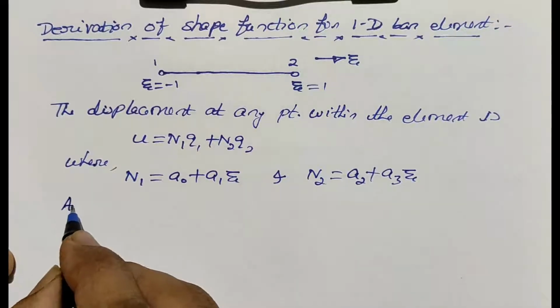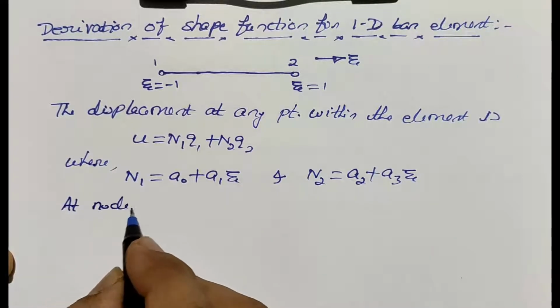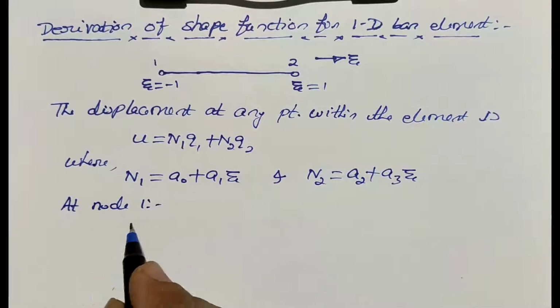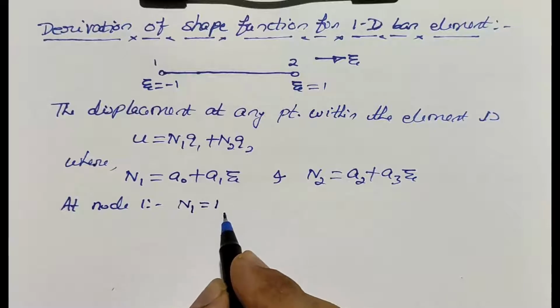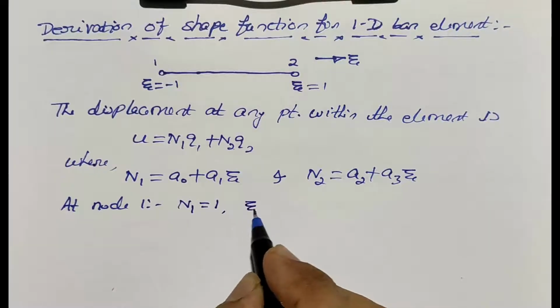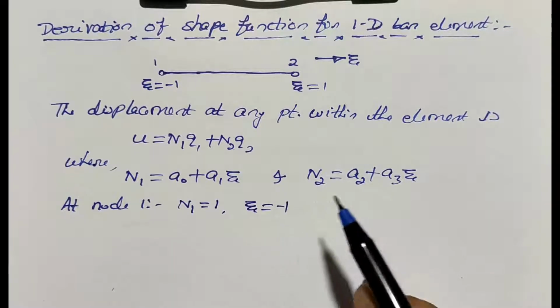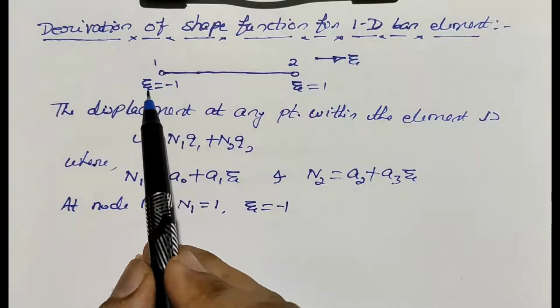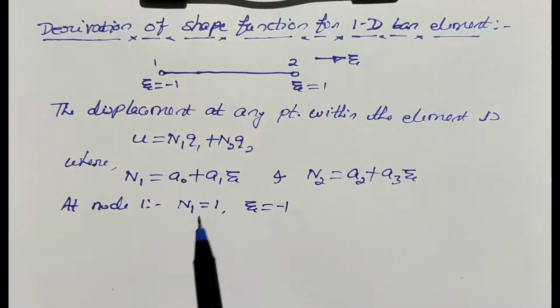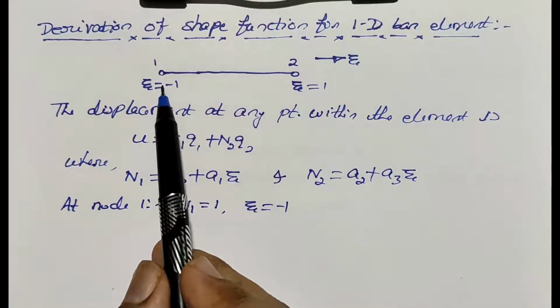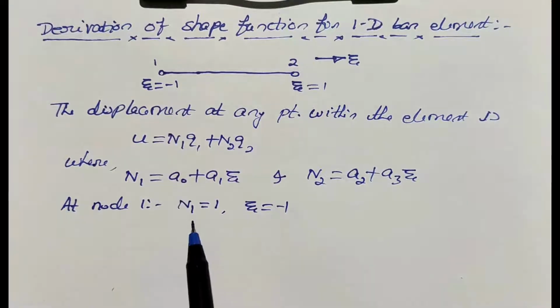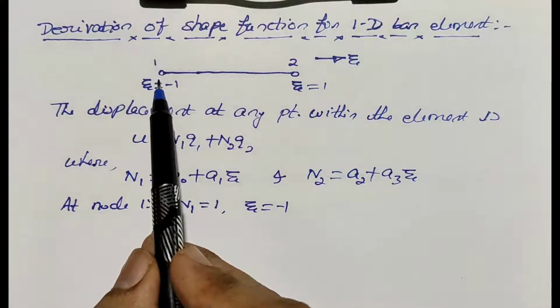We know that at node 1, N1 will be equal to 1 and zeta is -1. You can see here at node 1 zeta is -1 and N1 will be equal to 1, because according to the properties of shape function, the value of shape function will be equal to 1 at their corresponding nodes.